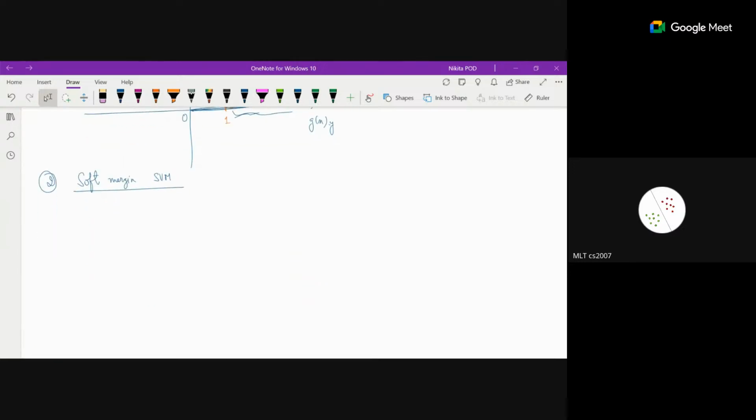Okay. So one algorithm that we had seen for this classification technique is SVM. More specifically, we are going to talk about the soft margin SVM here. What was the objective for the soft margin SVM? The problem looked something like this.